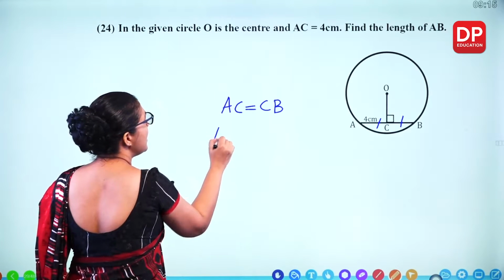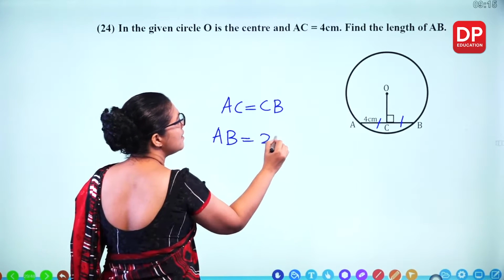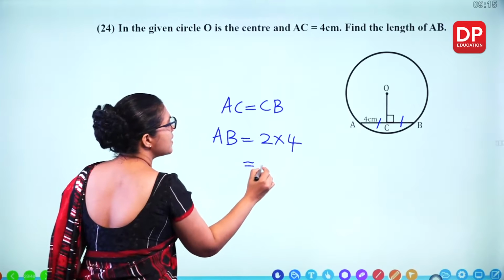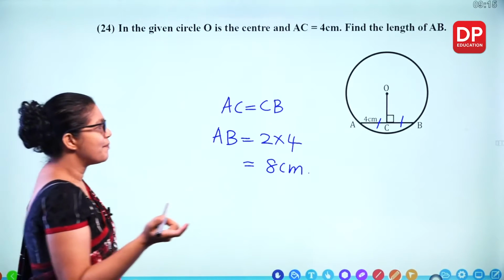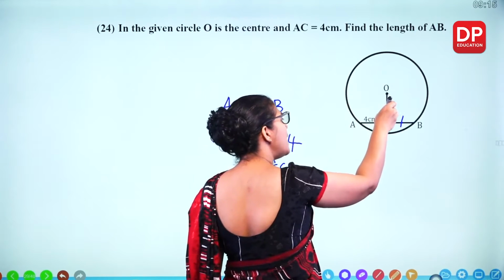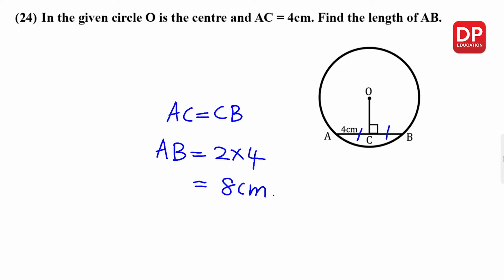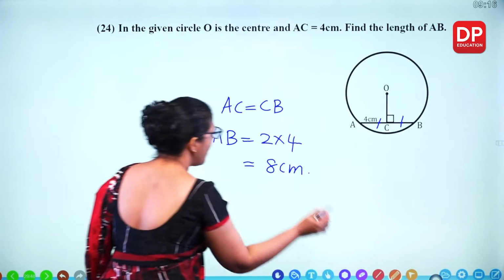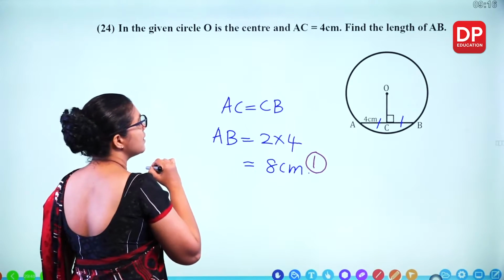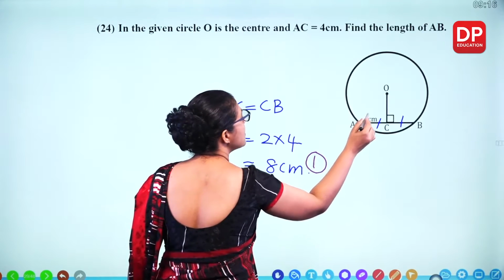So what's the AB length then? Double of 4. Twice as that, 8 centimeters. So you need to know that theorem. When you draw a perpendicular to a chord, the intersecting point with the chord and the line becomes the midpoint of the chord. So 2 marks, 1 mark, and 1 mark to identify the theorem.